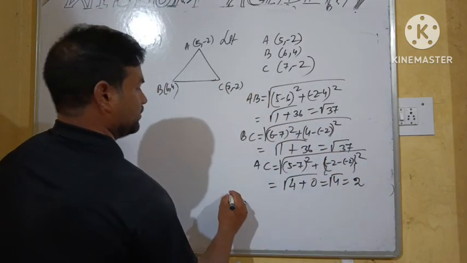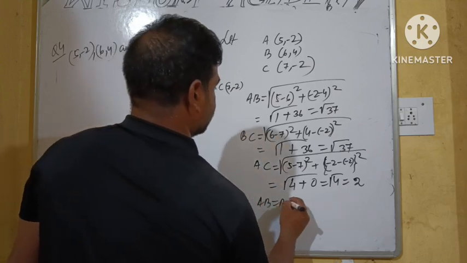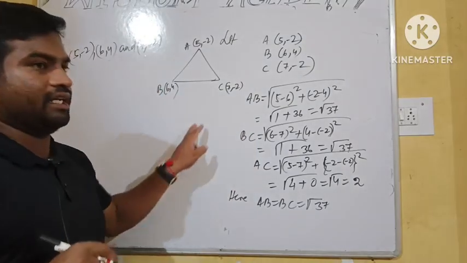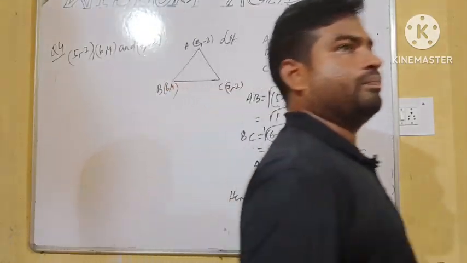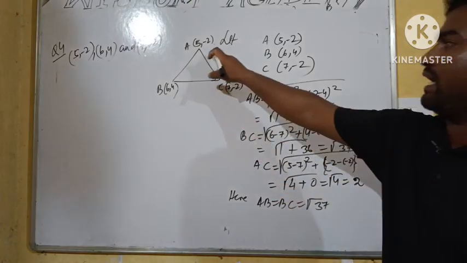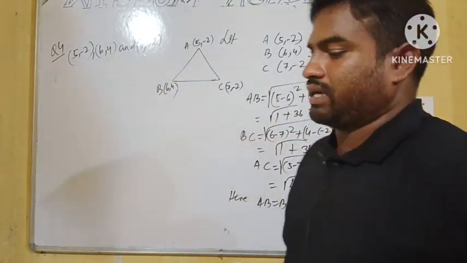So here AB is equal to BC, which is square root of 37. If any two sides of a triangle are equal in length, then this triangle is an isosceles triangle.